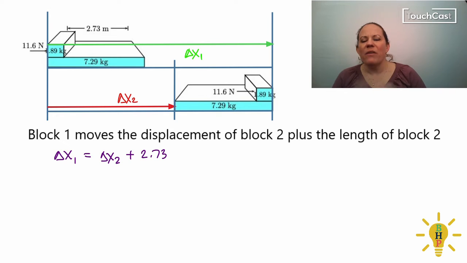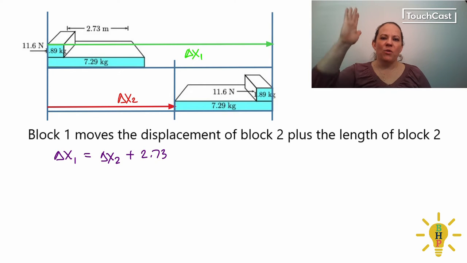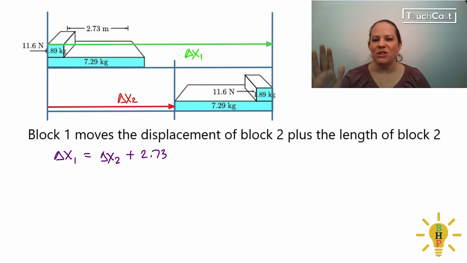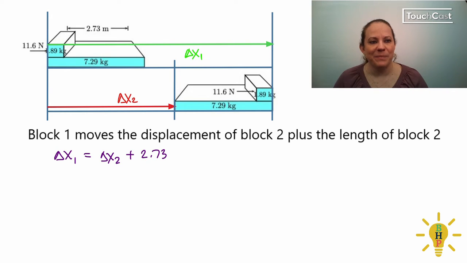And whenever I'm doing kinematics work, I like to think about position time graphs. So we can think about the left end as the important point to pay attention to, and we can think about the right end of the larger block as an important point to pay attention to, and I'll show you both ways.